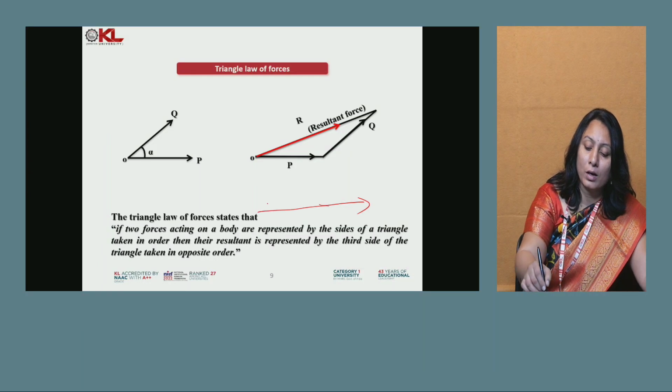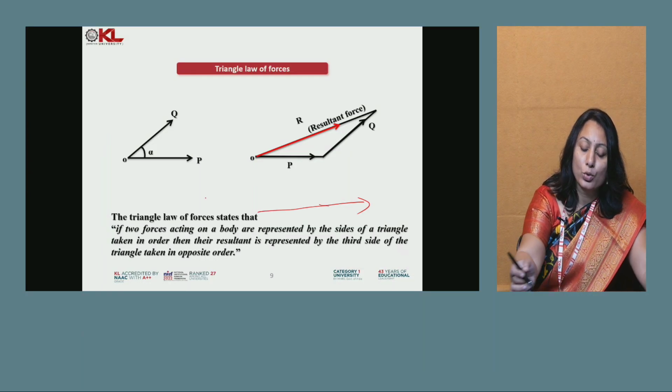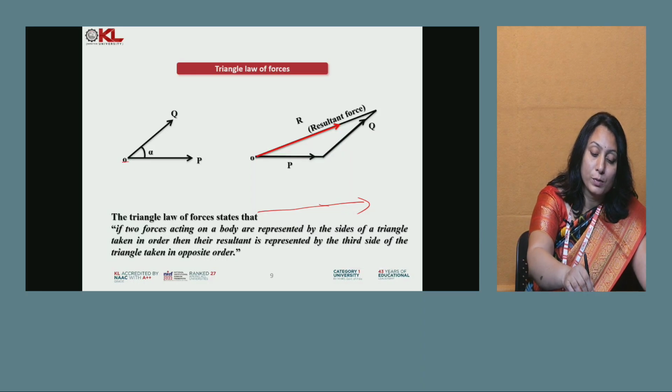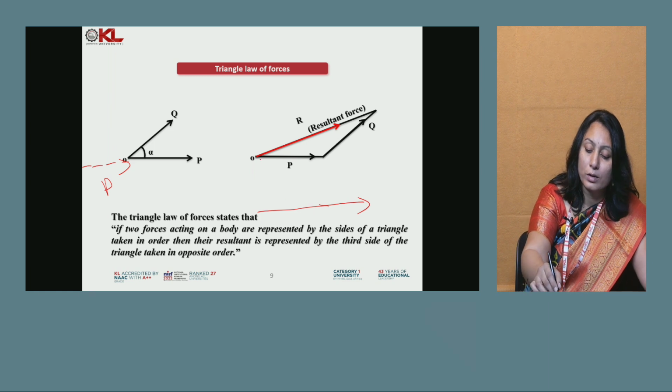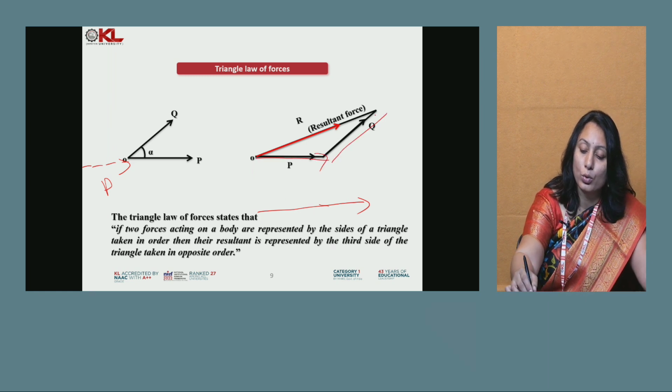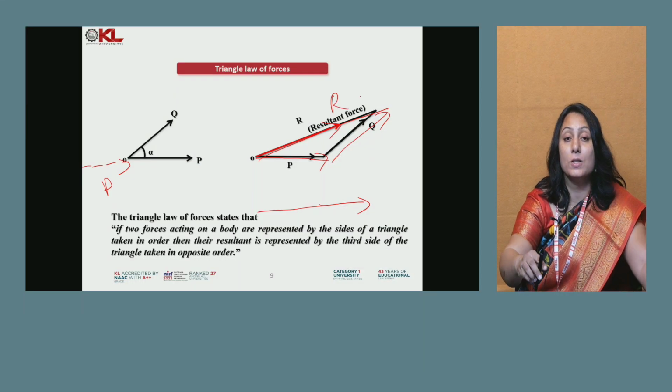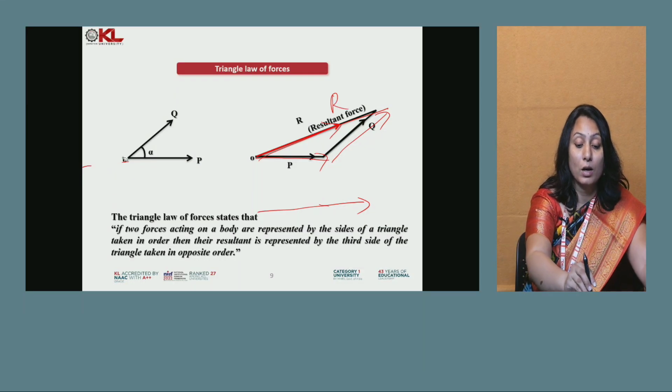So how can we just simply take this Q to the other side? As per the principle of transmissibility, we can transfer the force on the same line of action like this. So this is P now. That is how this P is drawn, and then Q, and the closing side is called the resultant, which is taken in opposite order.